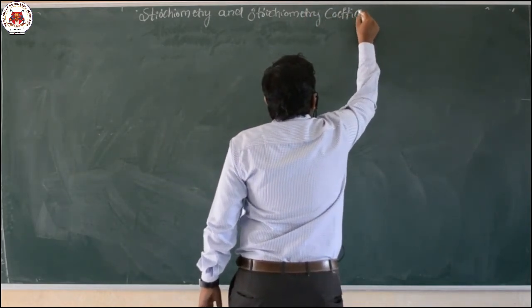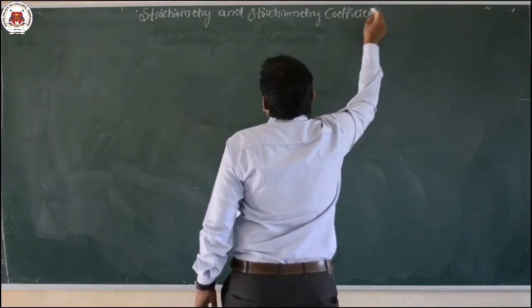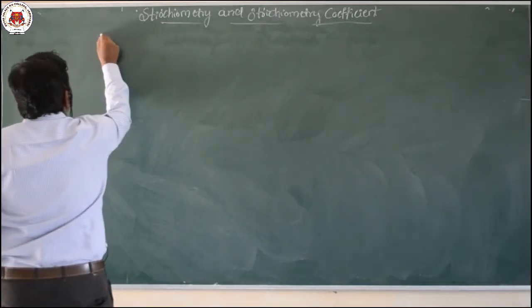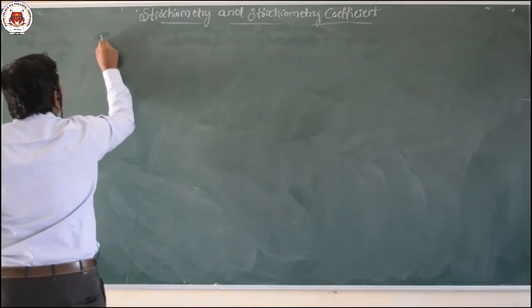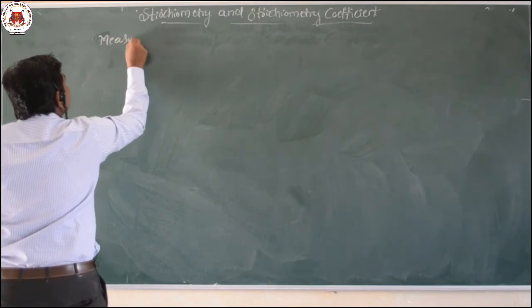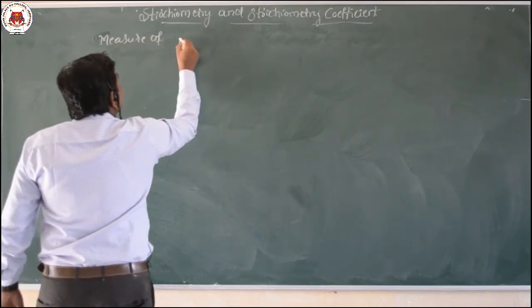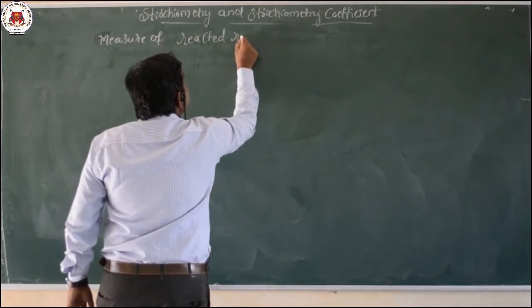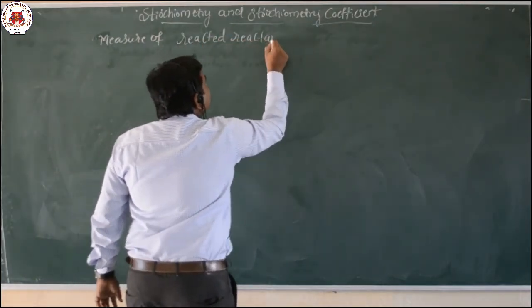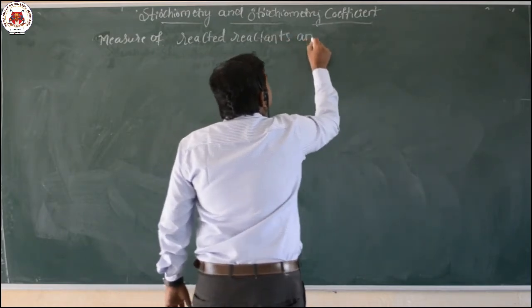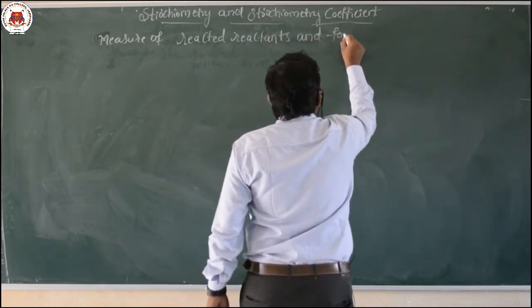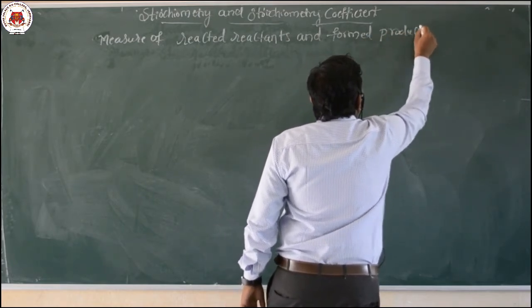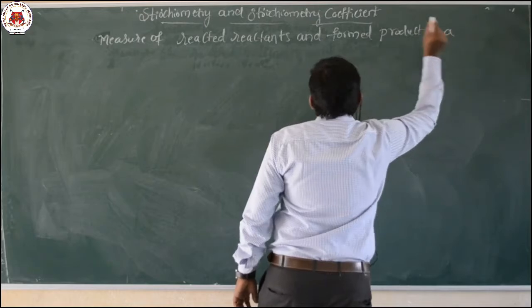So the stoichiometric coefficient, or stoichiometry, is a measure of the reacted reactants and formed product in a balanced chemical reaction.